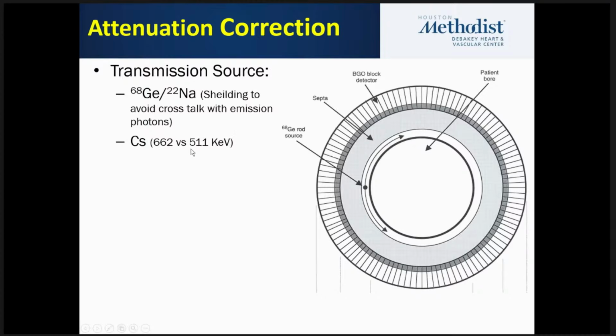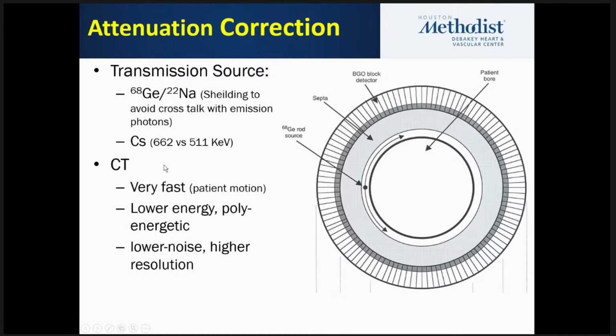There are many drawbacks, and that's why it's now only available in older refurbished systems. So if you go to a company and you want to buy a new system with a transmission source, it may be very difficult to find one in the market.